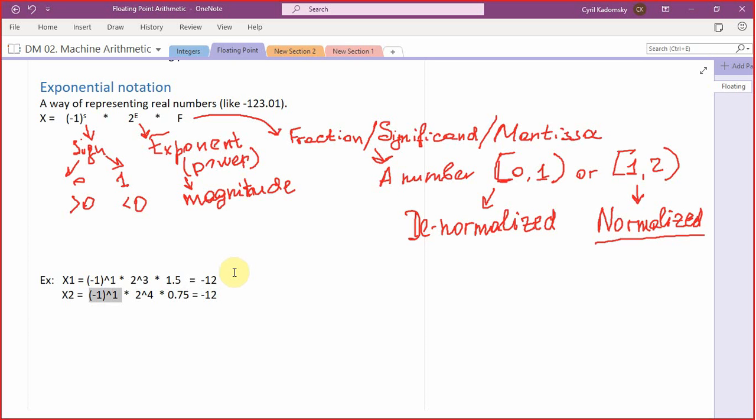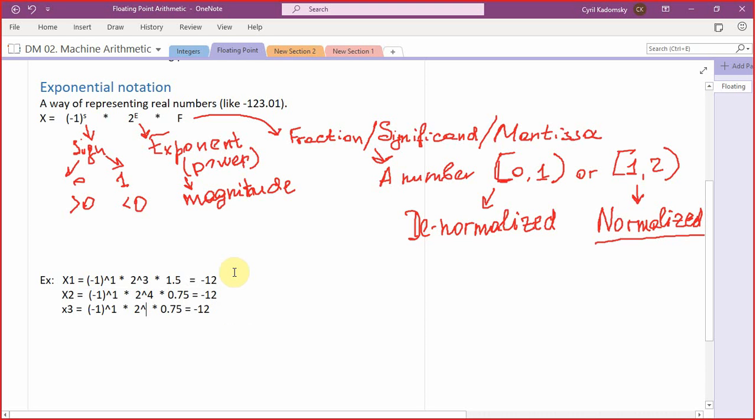In this example, we see that the same number, in this case minus 12, has two different representations. But those representations are not unique. You can have other representations also. For example, you can have x3 equal to, just copy and change a bit.